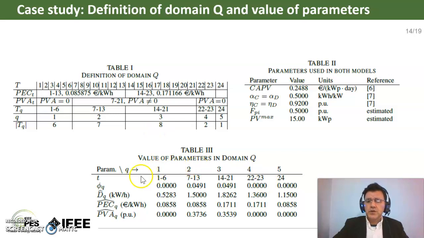Table 1 shows that in order to construct the subsets TQ, the condition that both PEC and PBAT remain constant for all t within the partition TQ has been taken into account. Table 2 shows the parameters used in both models, and Table 3 shows the value of parameters in domain Q.